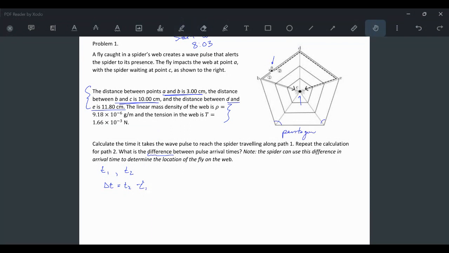So from that, if we have A, B, C, and D, E, we can figure out basically all the other side lengths. So we can figure out what distance the wave travels in each case. And then if we can figure out the velocity, we can calculate the time. That's just regular kinematics from the very beginning of last semester. So if we want to figure out the time, and we can deduce the distance, if we have a way to find the velocity, we can find that time.